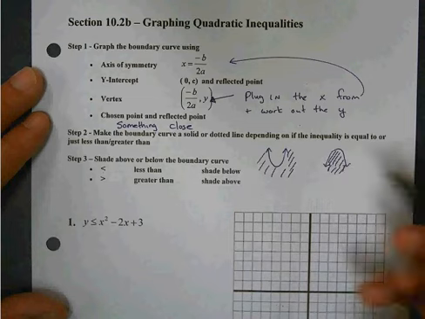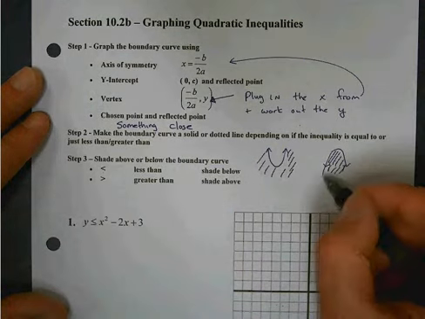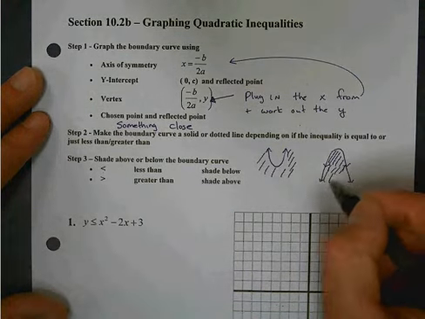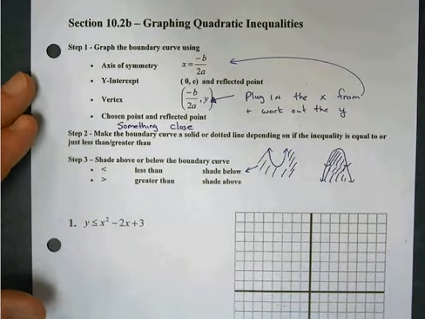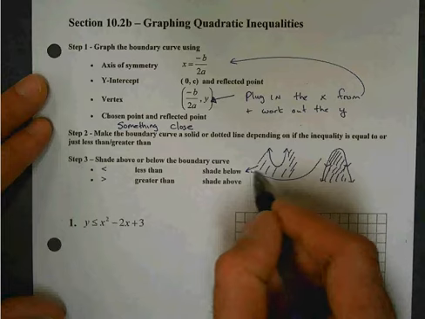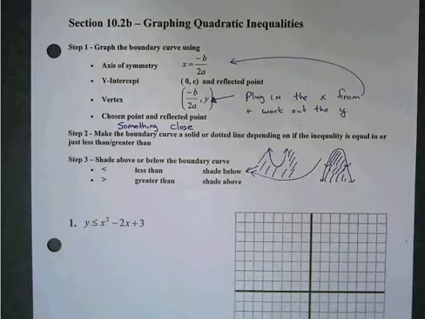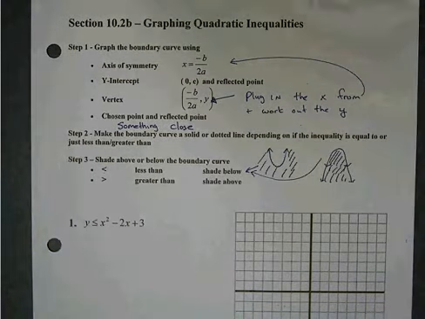That's below. Does that make sense? Those are both examples of below. And then the areas that are not shaded would be examples of above. So it depends on which way it's looking and which way it's opening, depends on where you're going to shade. But below still means below.